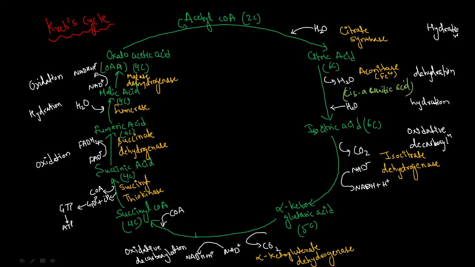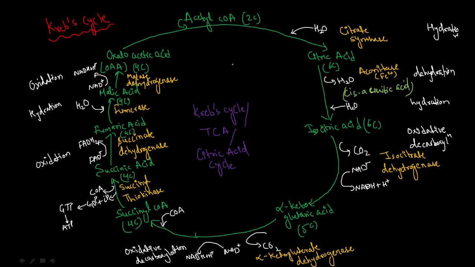So this whole was your Krebs cycle, which is also known as the tricarboxylic acid cycle, TCA, and also known as the citric acid cycle, since the very first compound that is formed here is citric acid, right?